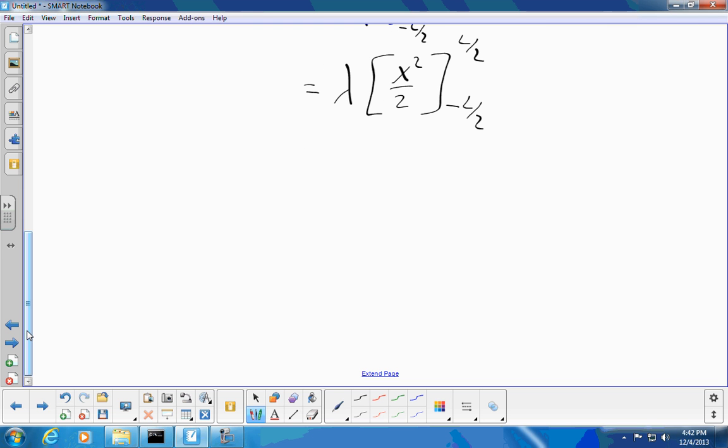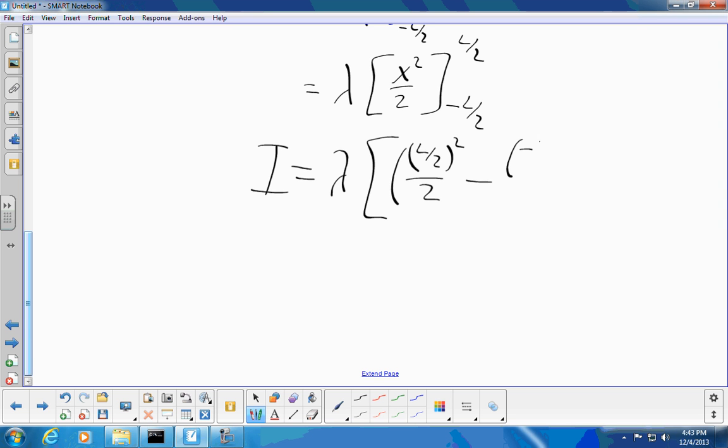And that means that my moment of inertia is lambda times L over 2 quantity squared divided by 2 minus negative L over 2 quantity squared divided by 2. And we just have to be careful with all these fractions. Lambda times, let's see, L over 2 squared is L squared over 4.